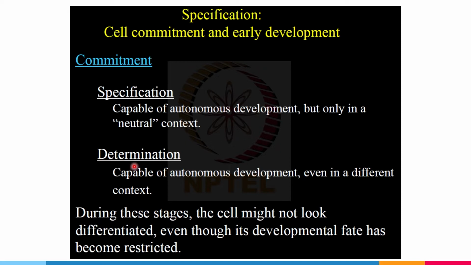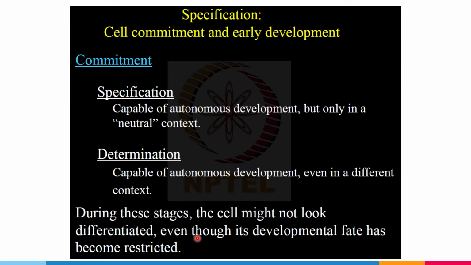But once the cell has reached the determination stage, even if it is given different signals, or is completely taken out and transplanted to a different context, it will still form the fate in which it was determined.